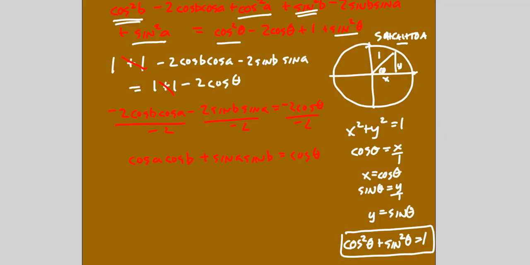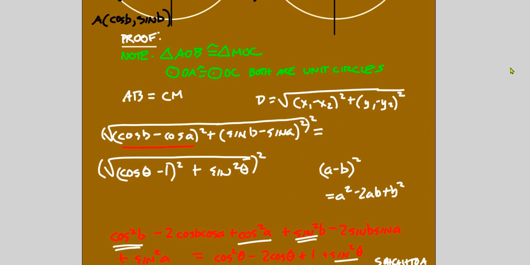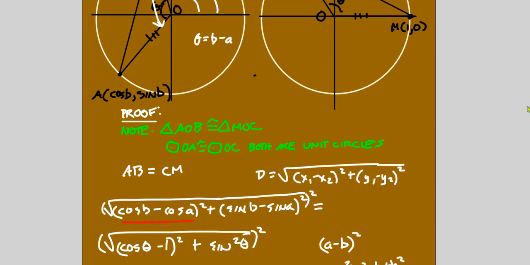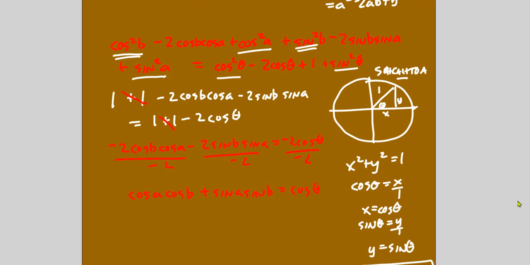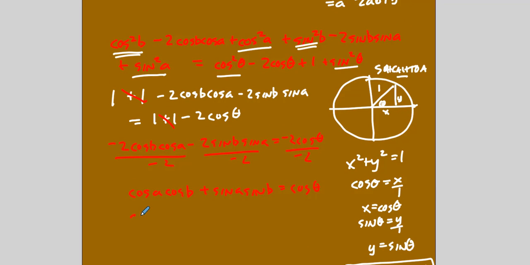But remember, we defined theta up here to be B minus A. So we have cosine A cosine B plus sine A sine B equals cosine of B minus A.